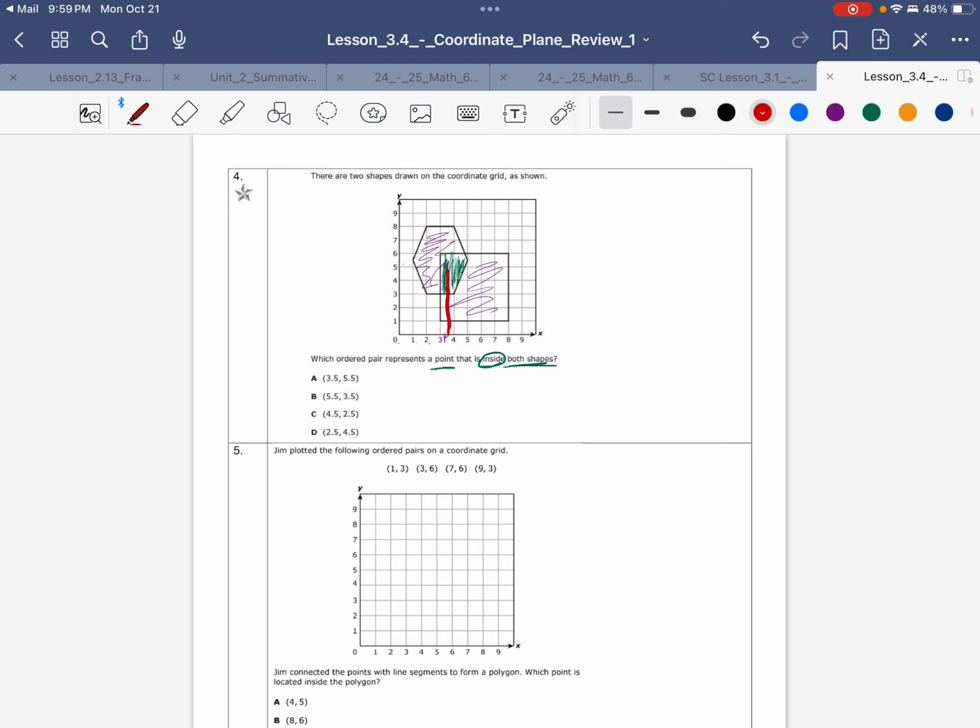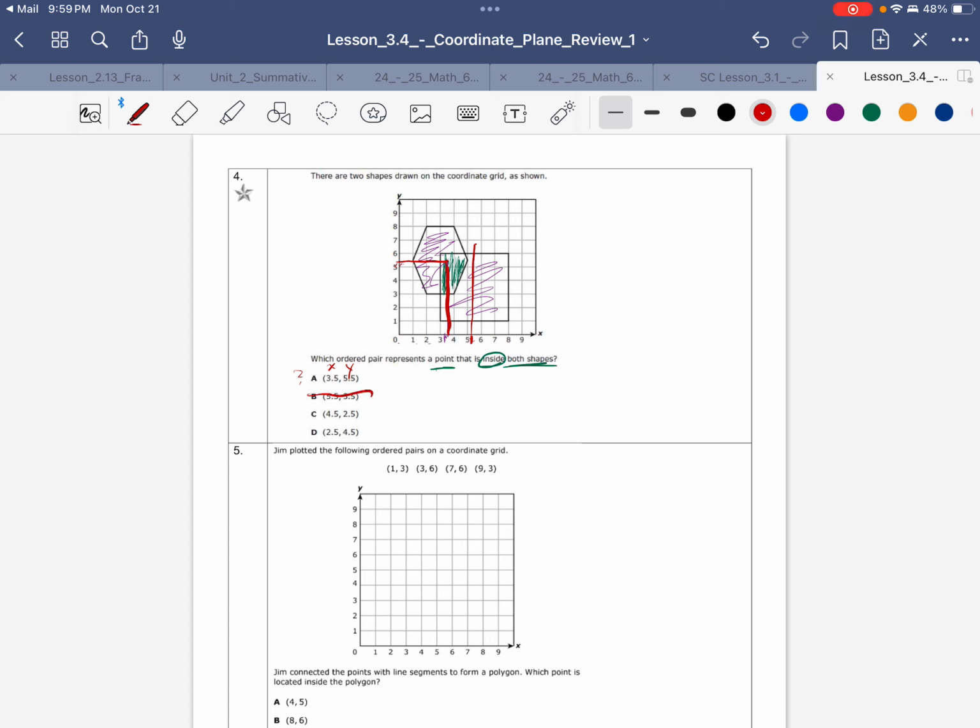So 3, and then 5.5 would be more than 5, so it'll be somewhere in here. I think that's pretty accurate though. So that's potential. Remember, these are x's, these are y's. So 5.5 would be up in here. Well, we know that's not even close because it's not in our hexagon, so that's done.